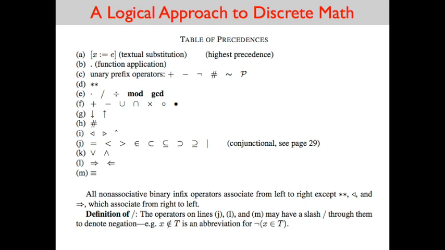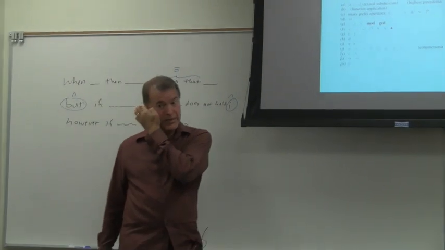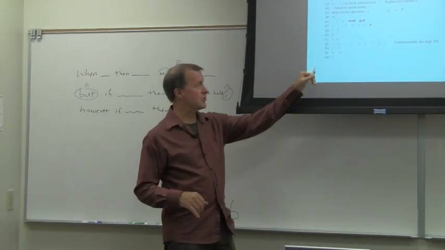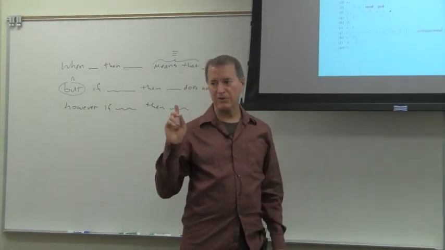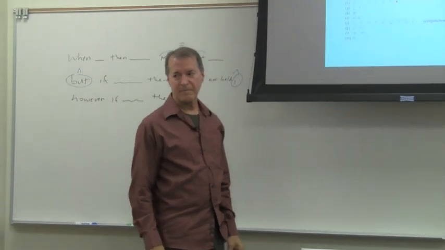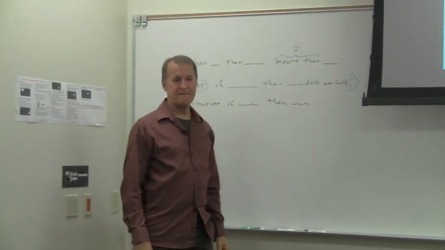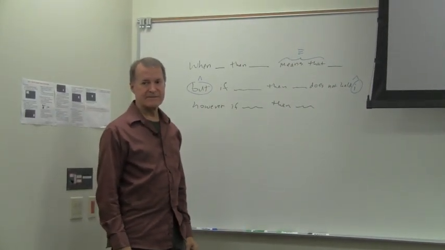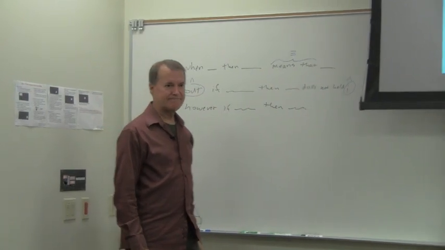Yes. So that means you need parentheses. Make sure to include any necessary parentheses when you do it. Consult this and put the parentheses where you need them. Are we good? Okay.